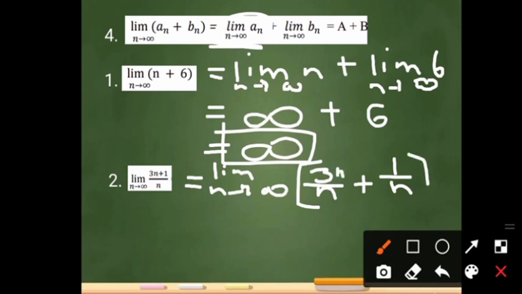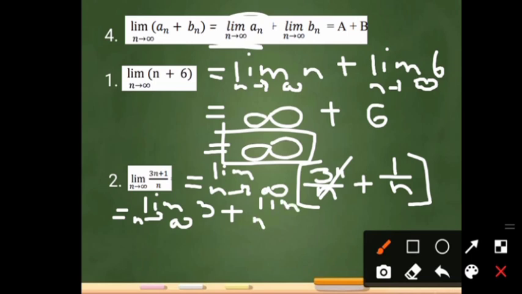So 3n over n, we cancel the n. The remaining is 3 plus 1 over n. So now let's distribute the limit: limit 3 as n approaches infinity plus limit 1 over n as n approaches infinity.